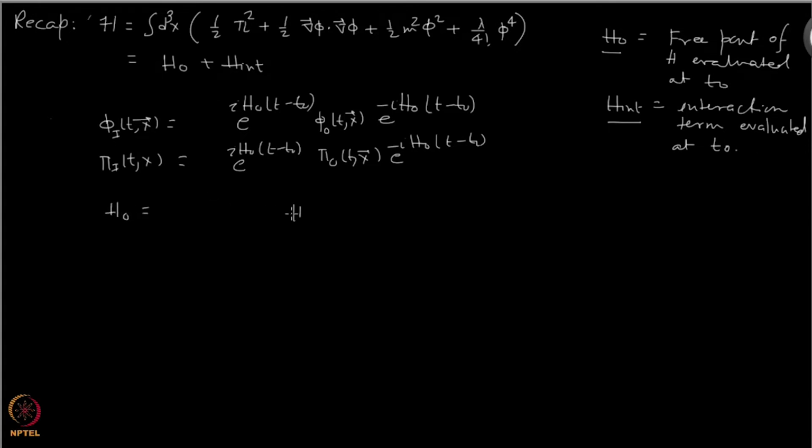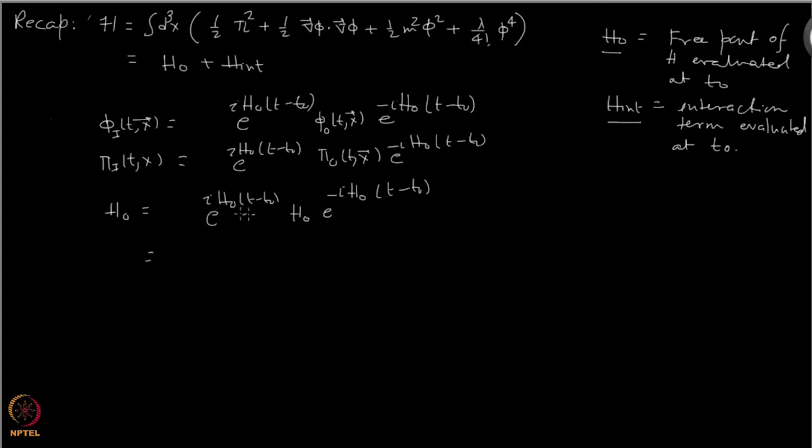Okay, and you can also write the H naught as follows. So you can just sandwich it between these two operators. Okay, they commute. So because this is H naught, this is H naught, this will commute, and this kills this exponential. So H naught is equal to H naught. That's what you get.